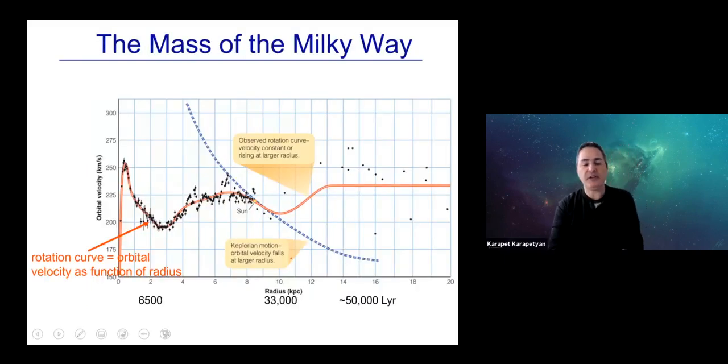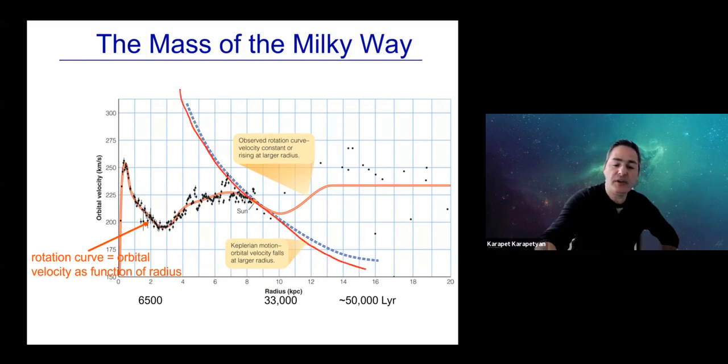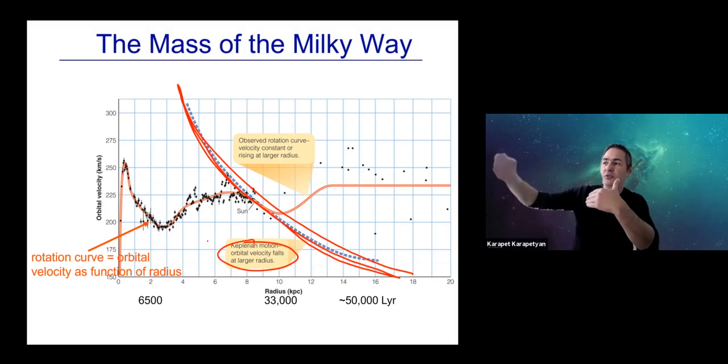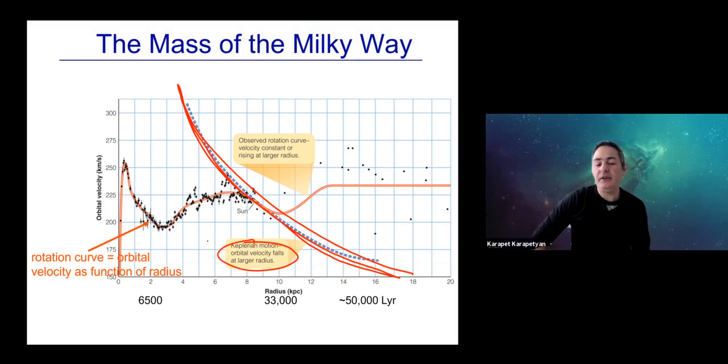Now, one thing we have here is, if we use what we learned about Kepler laws and applied to our solar system, and fairly accurately, it would be represented by this curve over here. So this curve basically represents what we call Keplerian motion. So orbital velocity based on the radius. The further you are, the slower you are moving.